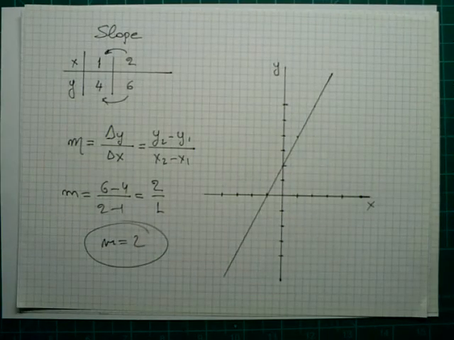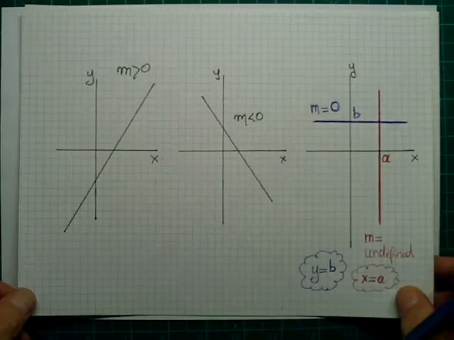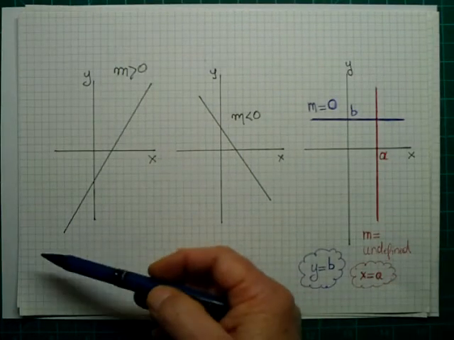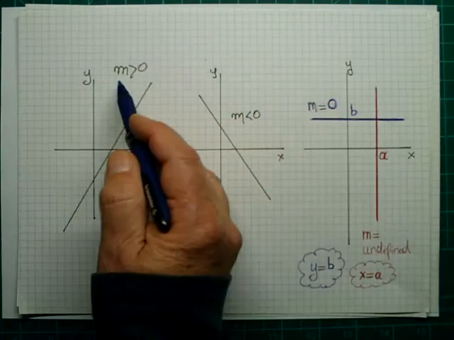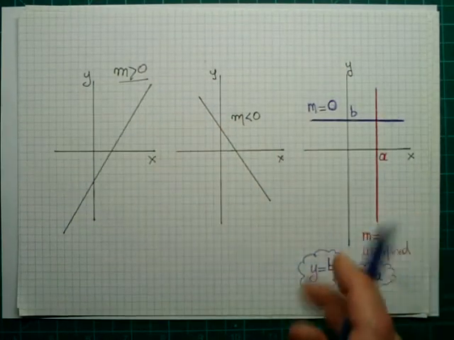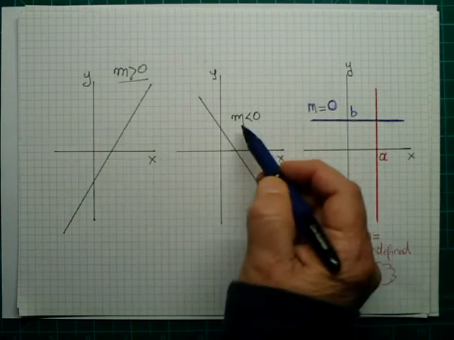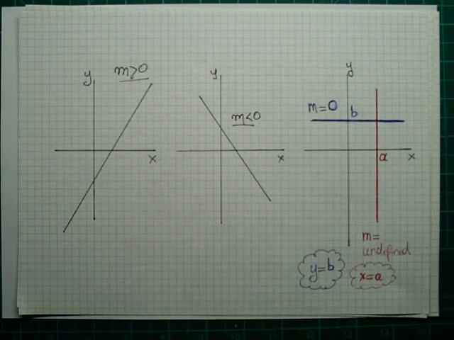Let's give some more information about slopes. If our line is rising, then its slope is positive. If our line is falling, its slope is negative.